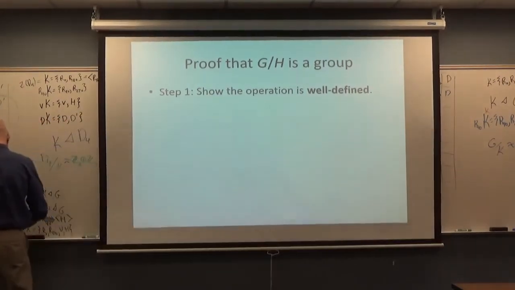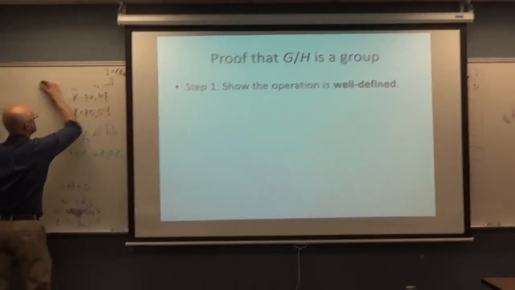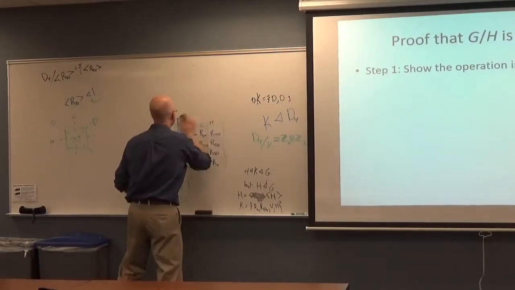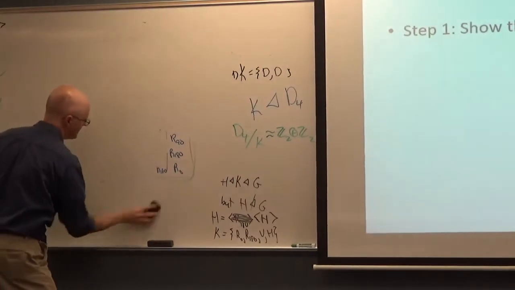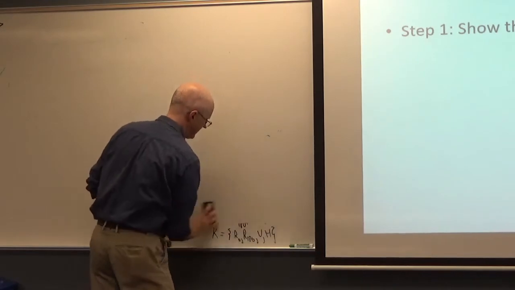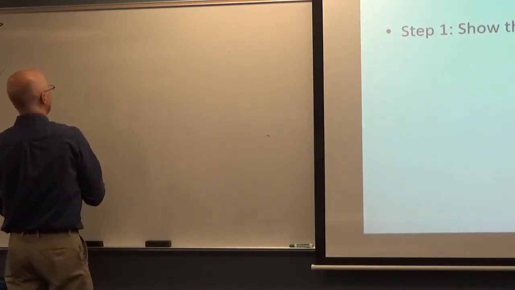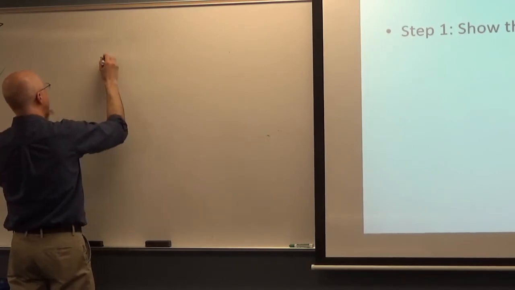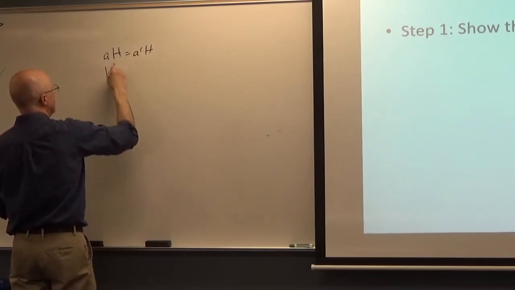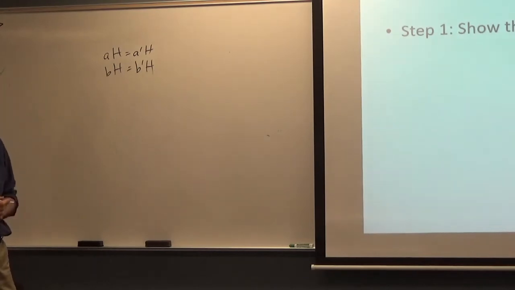Let's do it over here. What does that mean? It means if you've got two different coset representatives for each coset that is being multiplied, you should get the same thing in the end.